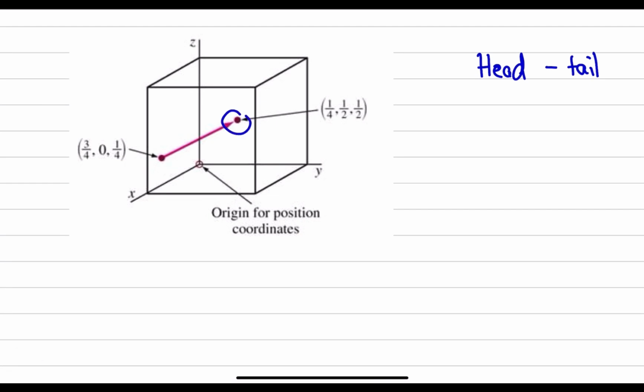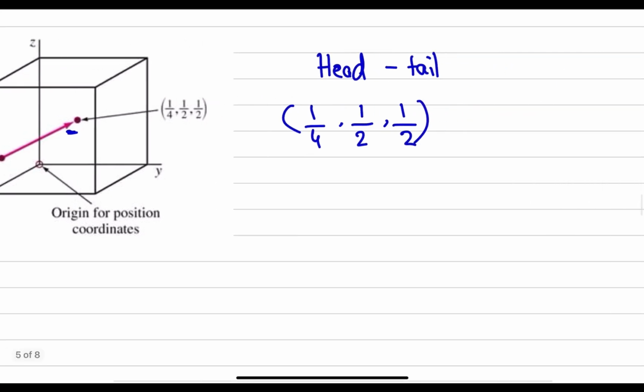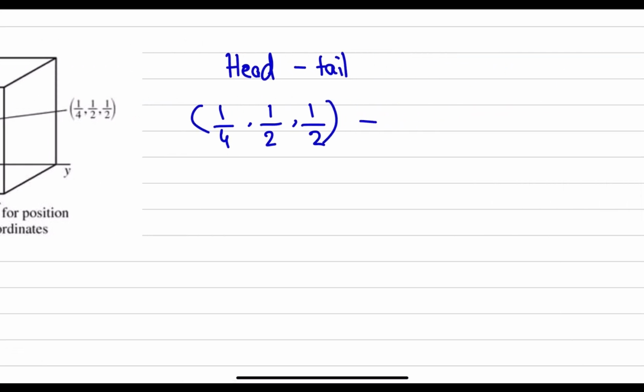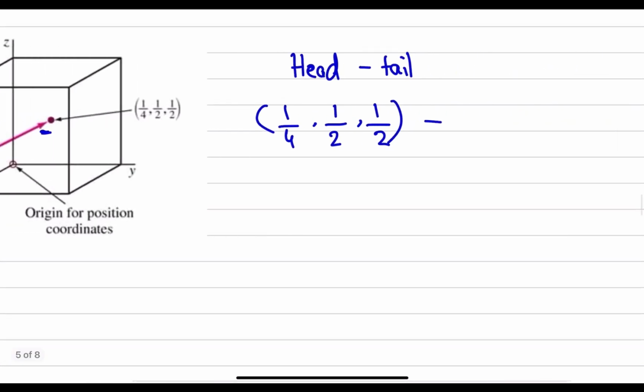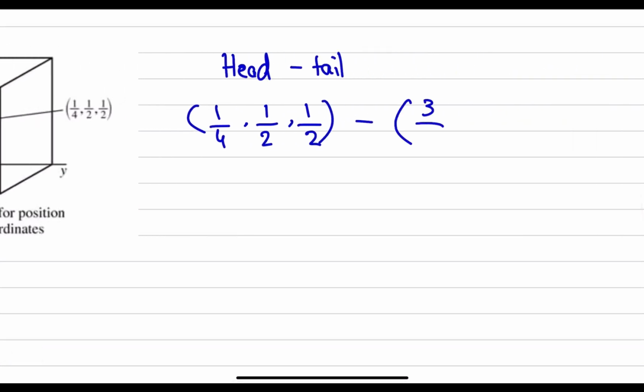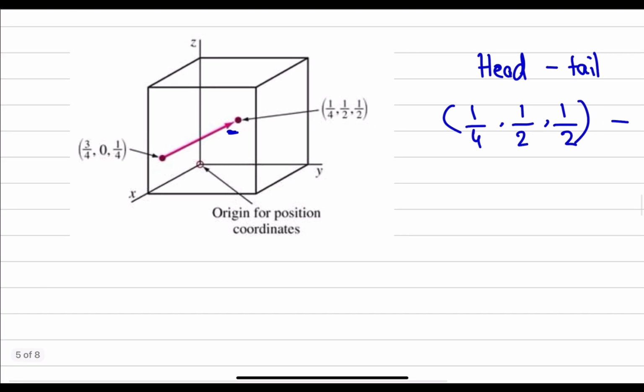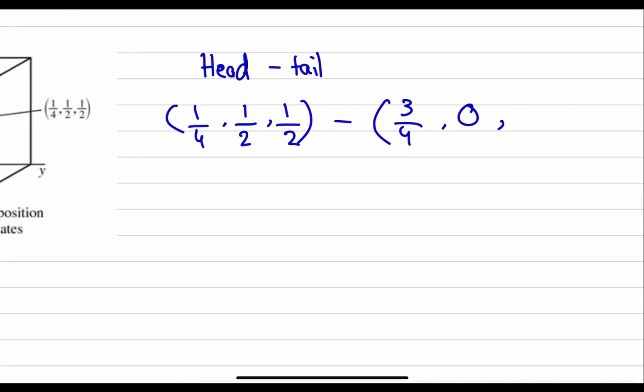This point is the head because the arrow ends here. So we have 1 over 4, half, and half again, minus the tail, which is 3 over 4, 0, and 1 over 4.